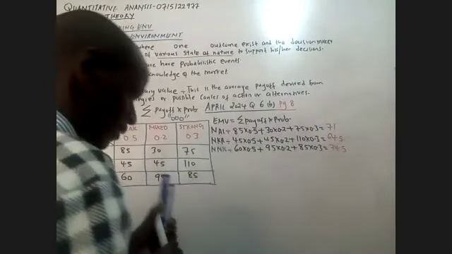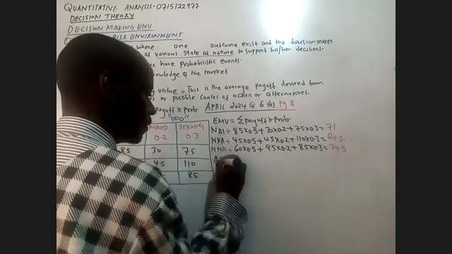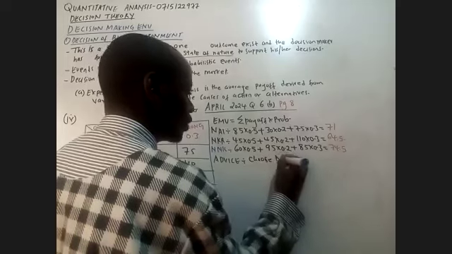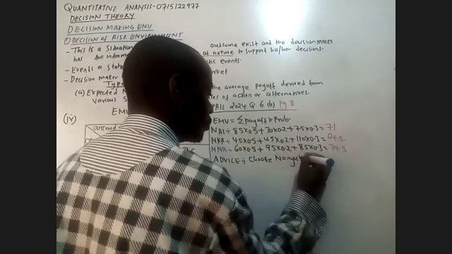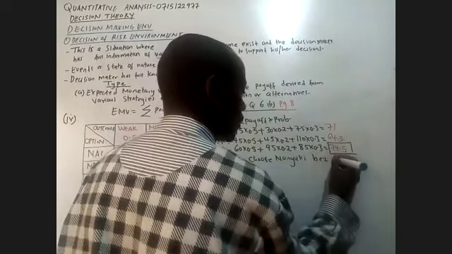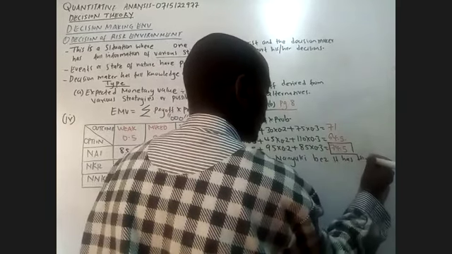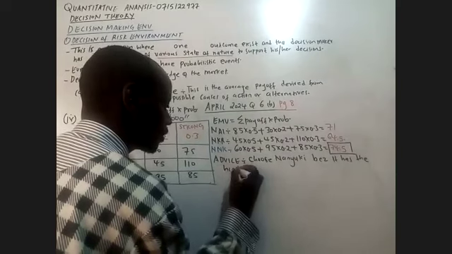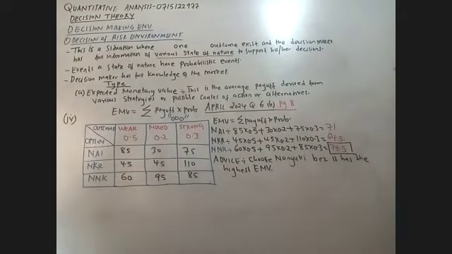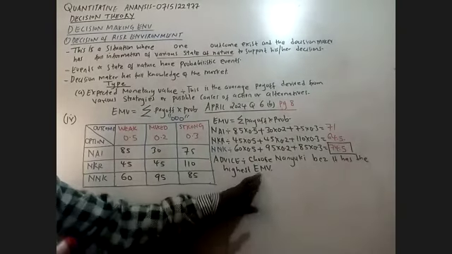Now, okay, advice: choose Nanyuki. We choose the one with the highest EMV, because it has the highest expected monetary value.